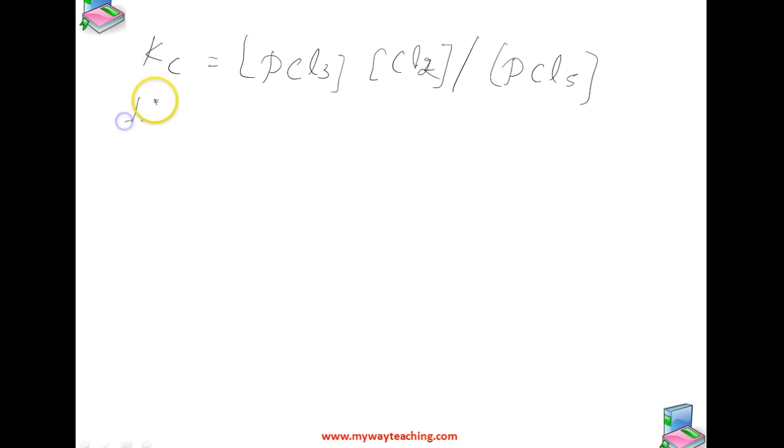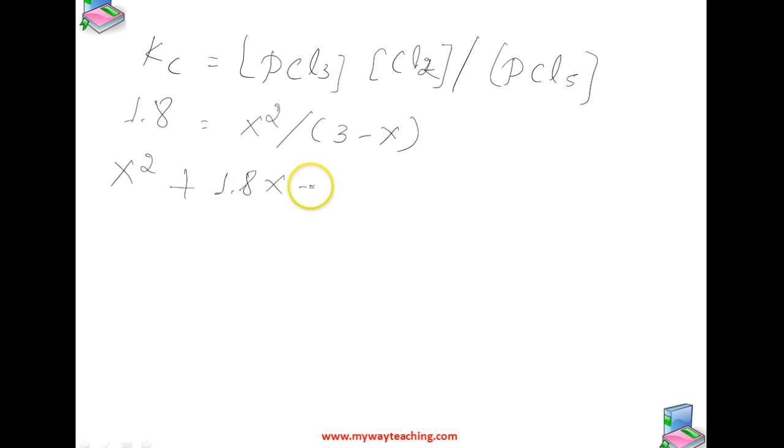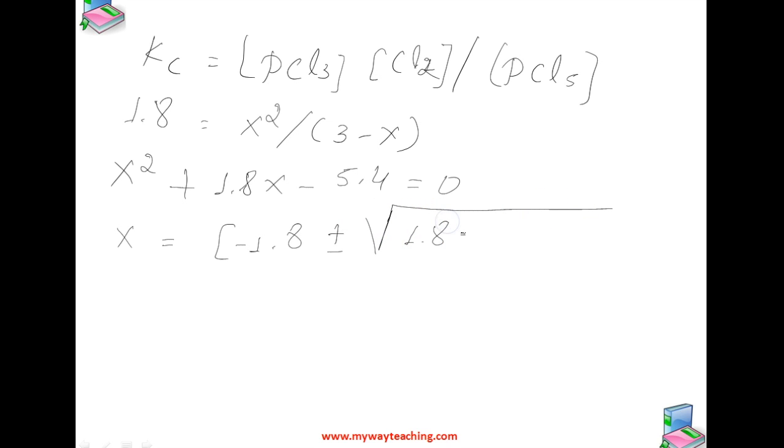Okay, and this is 1.8, PCl3 that is x square divided by 3 minus x, and now x square plus 1.8x minus 5.4 is equal to 0, and x is equal to minus 1.8 plus or minus square root of 1.8 whole square minus 4 into minus 5.4, divided by 2.